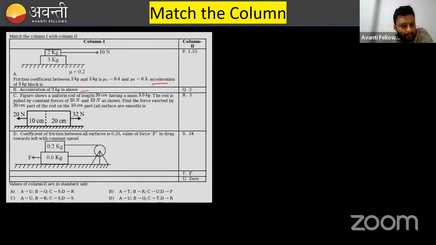In the first diagram, ground surface is also rough, and 2 kg and 3 kg they are also rough. Okay, 2 kg, 3 kg. If I draw some forces on 2 kg, some force is given, 10 Newton.